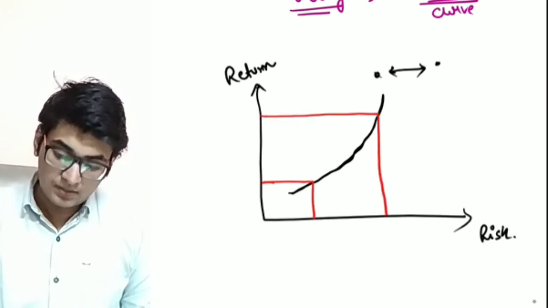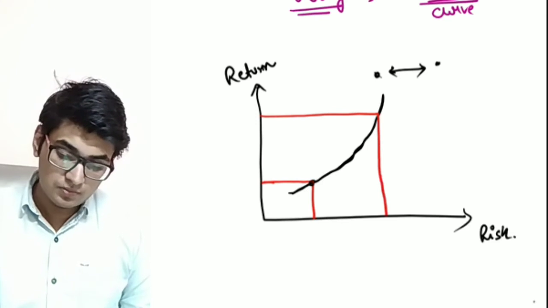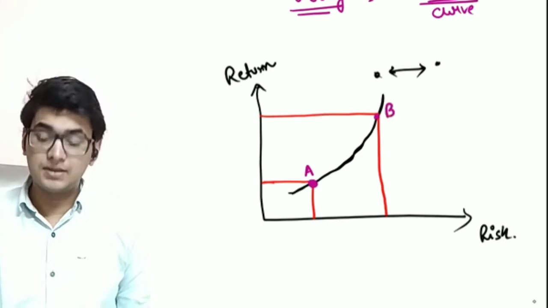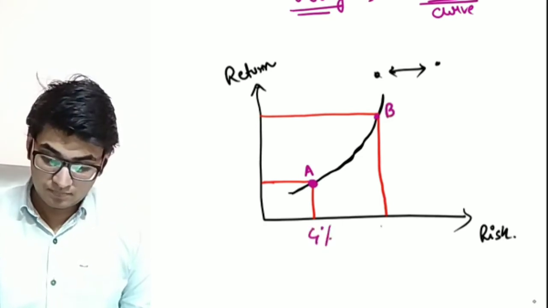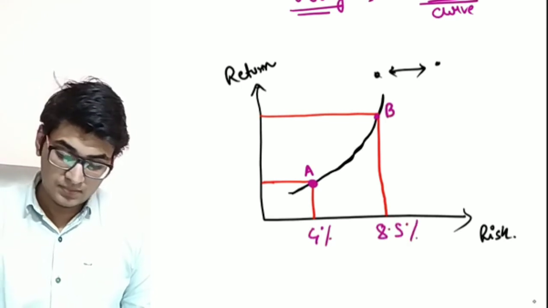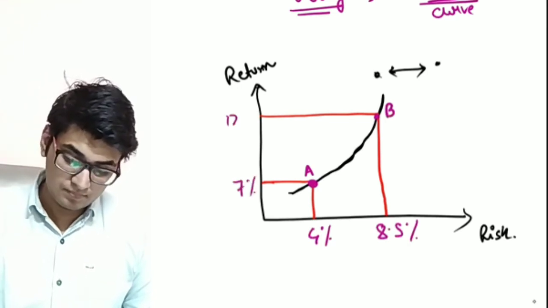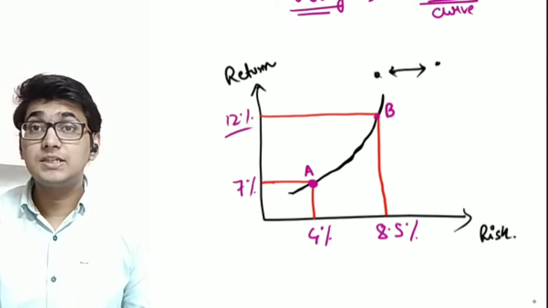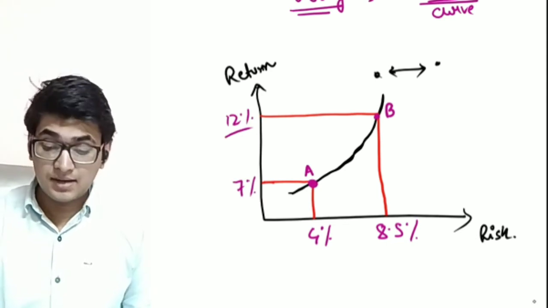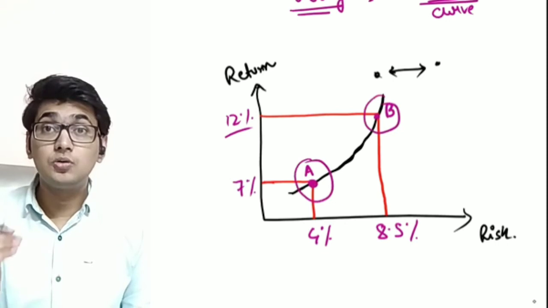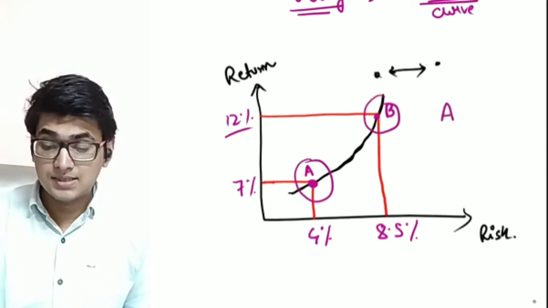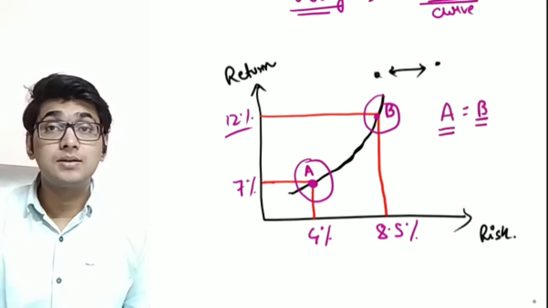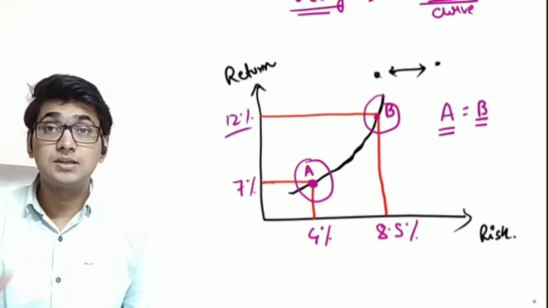Here I have created two portfolios, portfolio A and portfolio B. Clear? Now, if you look at these portfolios from the utility's perspective, you can say that, sir, for me portfolio A and portfolio B are the same. This is the indifference curve.